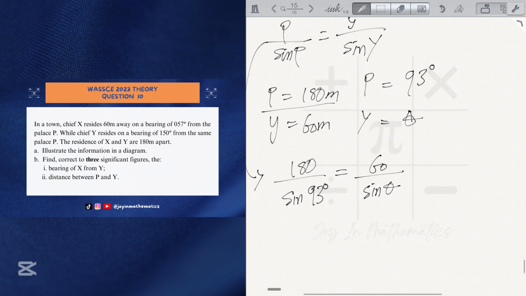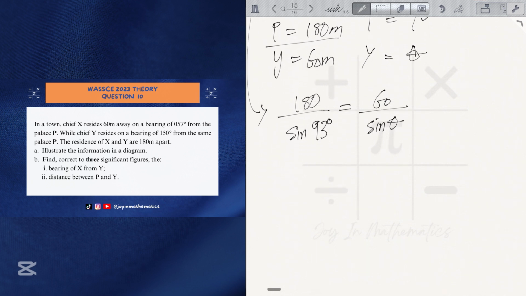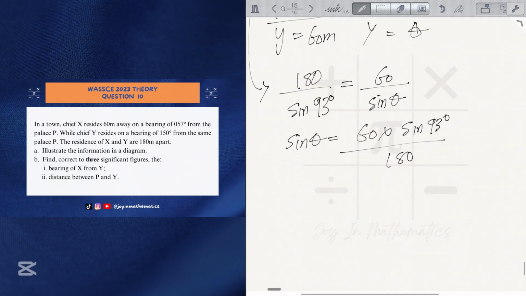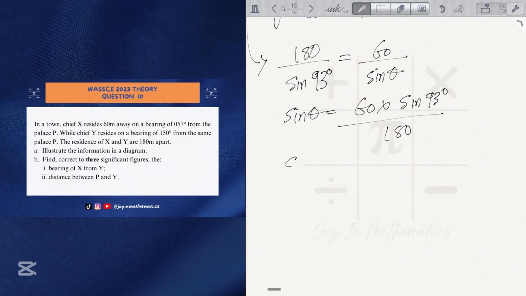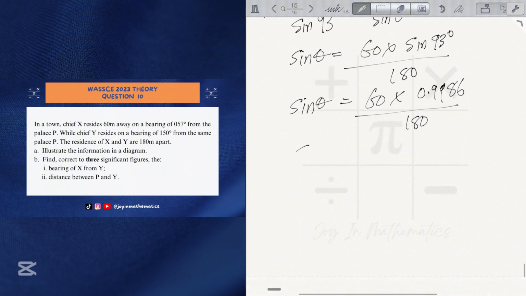Now we can cross multiply to evaluate sine theta. Making sine theta the subject of the formula, this will become 60 multiplied by sine 93 degrees divided by 180. So 60 multiplied by sine 93 degrees, which is 0.9986, divided by 180, gives sine theta as 0.3328.